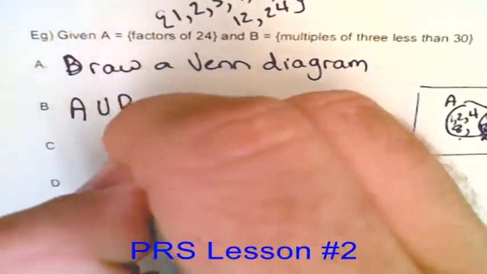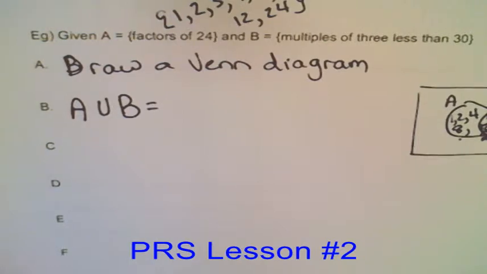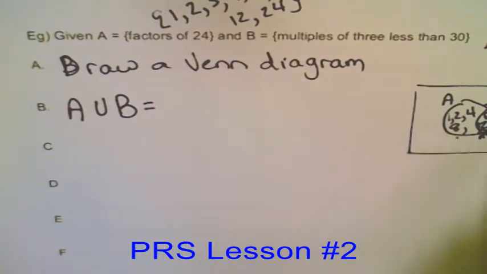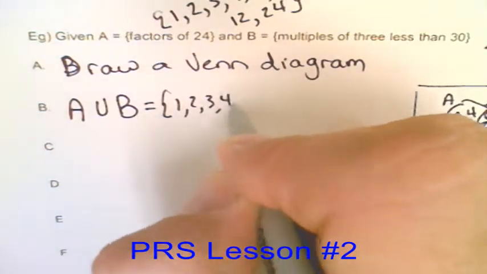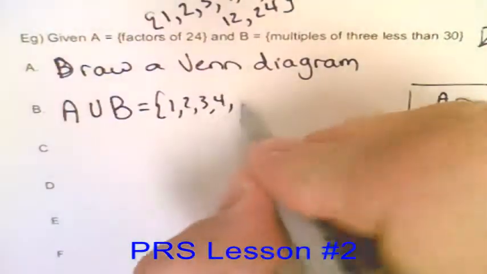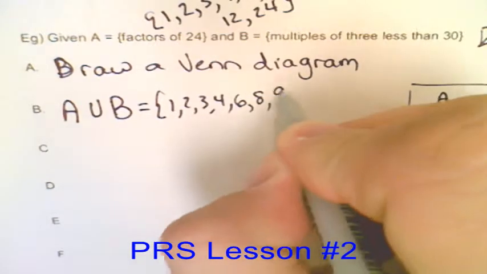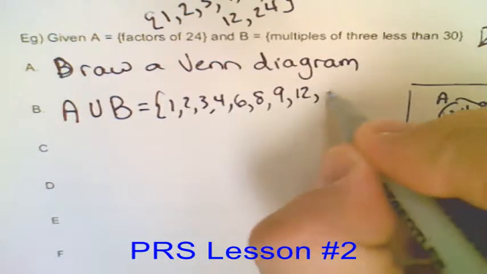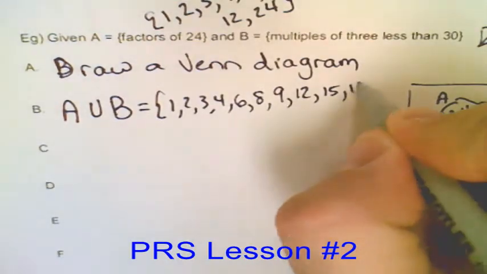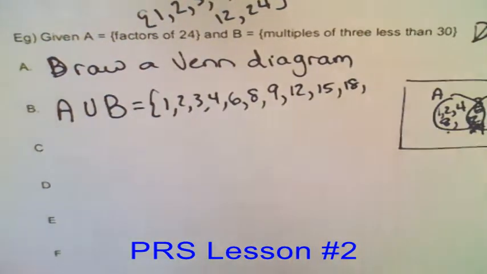Okay? Now going through with this idea, then you've got some other things that happen. So the same idea, A union B. Okay? So what is A union B? Now I have to ask myself, what does that mean? Well, I see union as or. So what is in A or B? And what I'm going to do for this one, A union B, is I'm just going to list all these numbers that are over here in this Venn diagram.